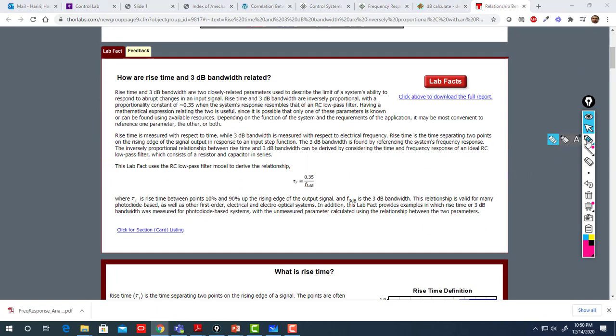This is in the case when your system response in closed loop resembles a low pass filter. You can have a relation between omega b equal to approximately 0.35 over tau, or tr.